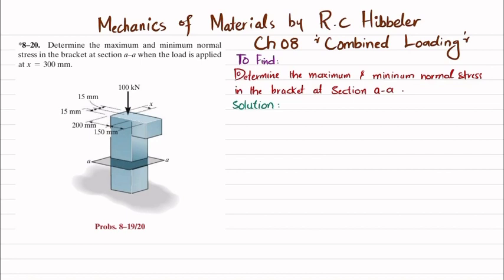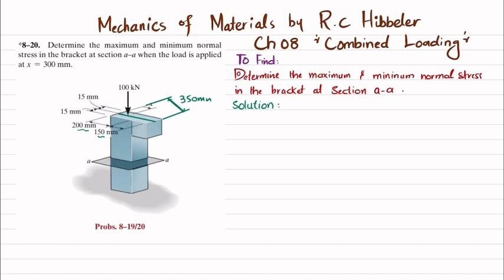So let's start with the solution. The first step is that you can see this distance is 200 millimeter and this is 150. So it means that the total distance is 350. So this is the total distance, which is 350, and it is given that this load is applied at 300 millimeter.